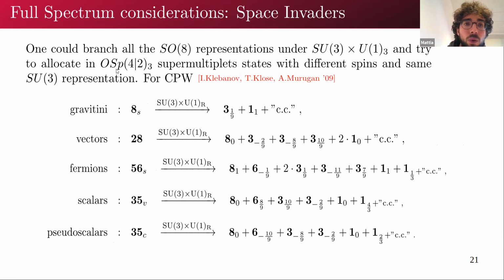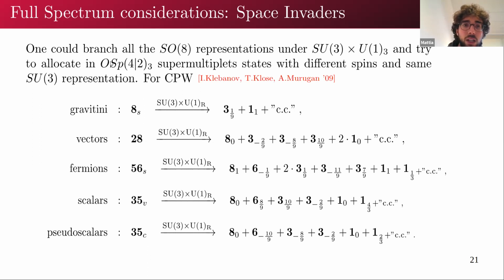So given that the full symmetry group is OSp(4|2) times SU(3), where the U(1) factor is contained within this OSp(4|2), what one could do is to branch all the original SO(8) representations under SU(3) times U(1).